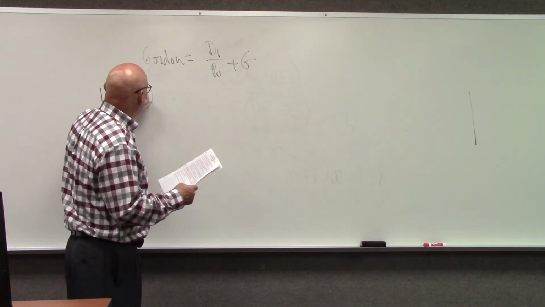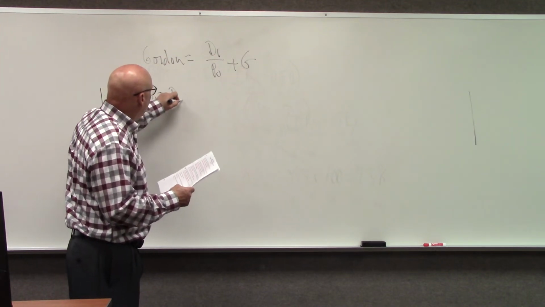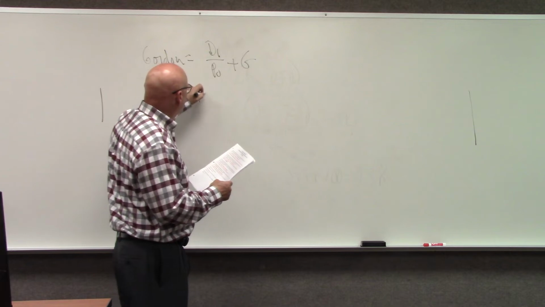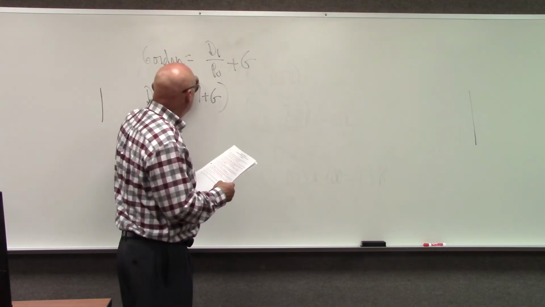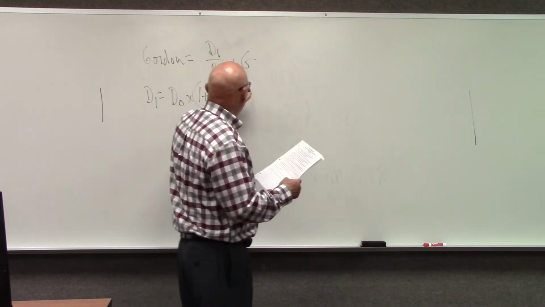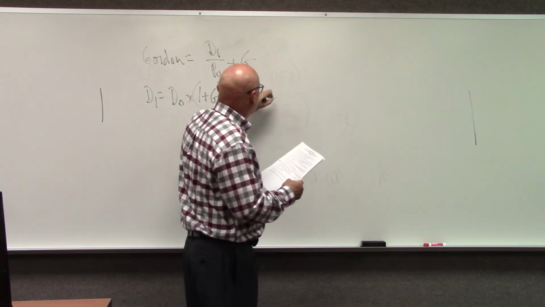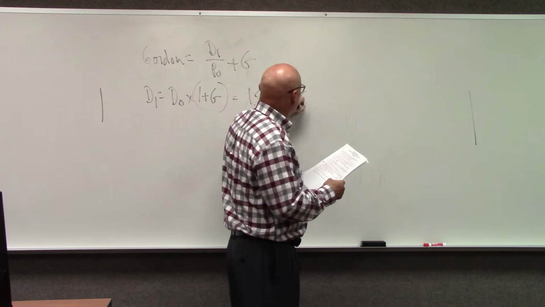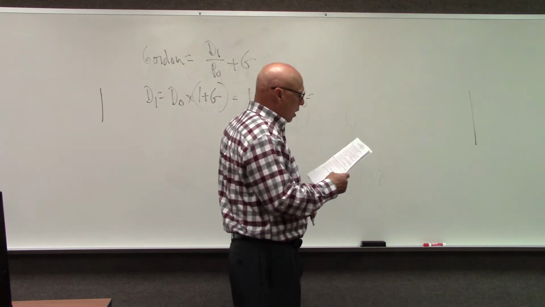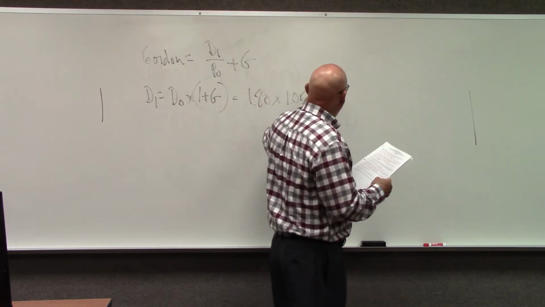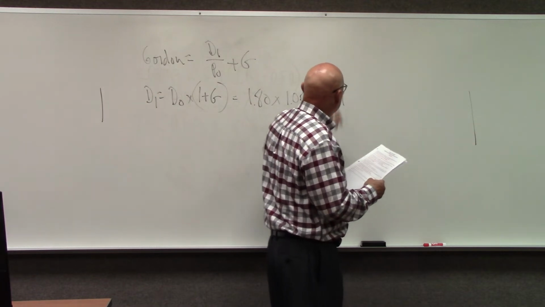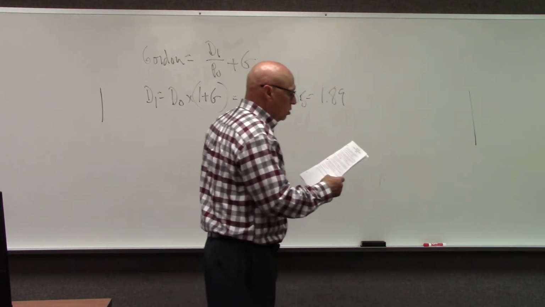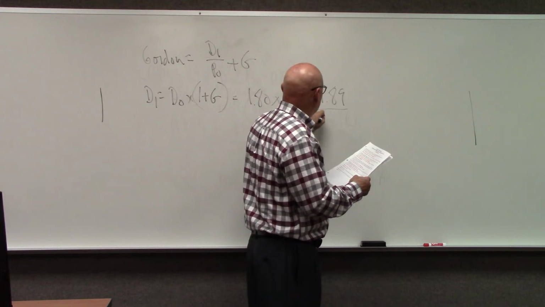D1 equals D0 times 1 plus G. D0 is $1.80, and G is 5%, so times 1.05. That is equal to $1.89. That's D1. And the stock has a current market price of $34.